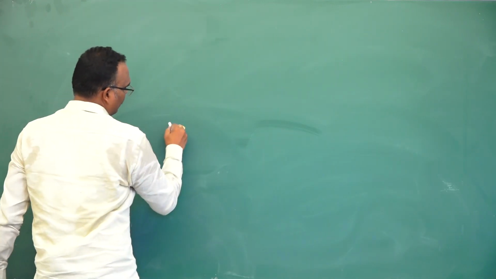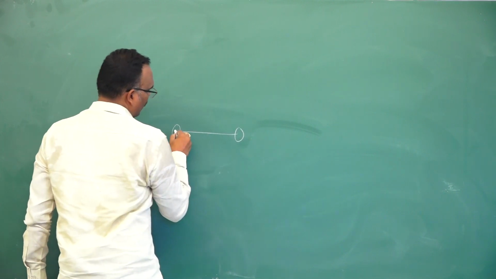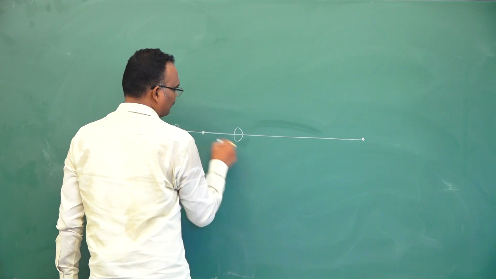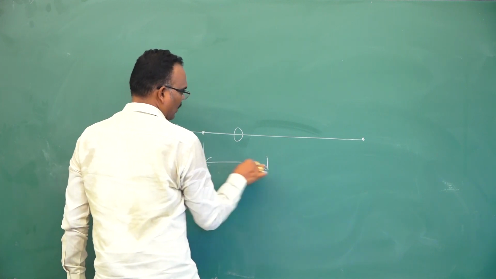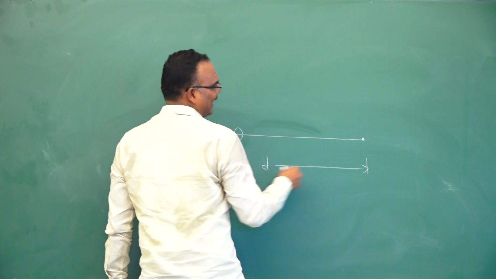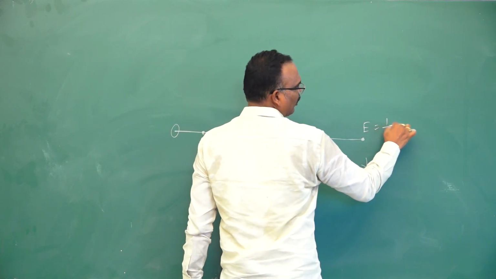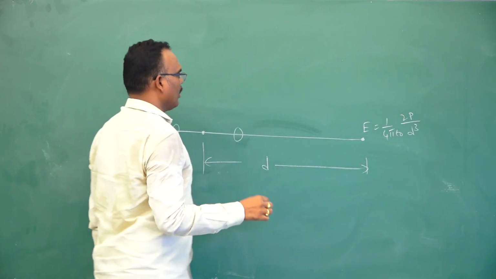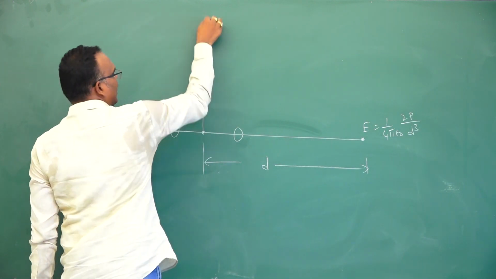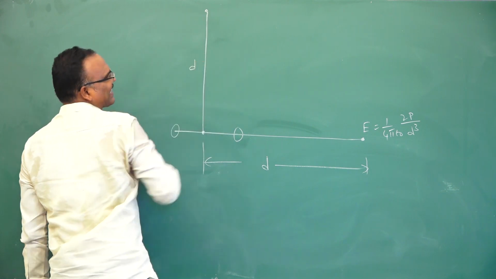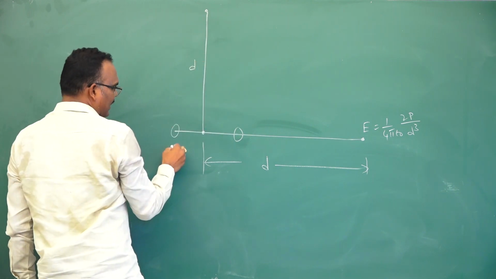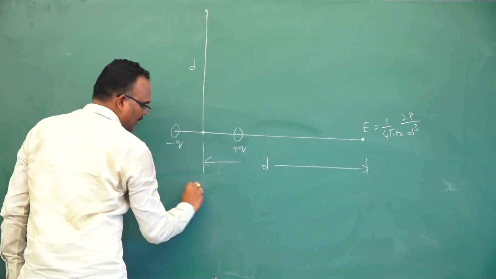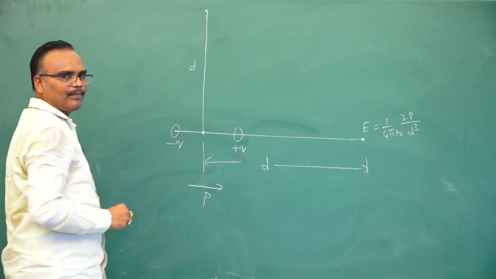For example, I'll take a dipole. I want to calculate electric field at a distance d from the dipole. Along the axial line, electric field E is equal to 1 by 4 pi epsilon naught 2p by d cube. If you want to calculate electric field along the equatorial line at exactly the same distance, for example, this is negative charge, this is positive charge, this is the direction of dipole moment.